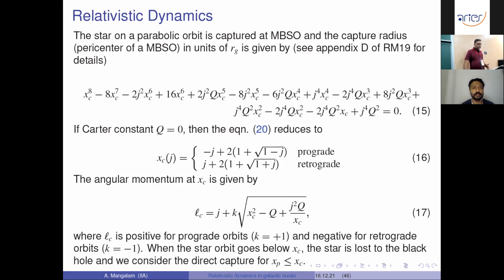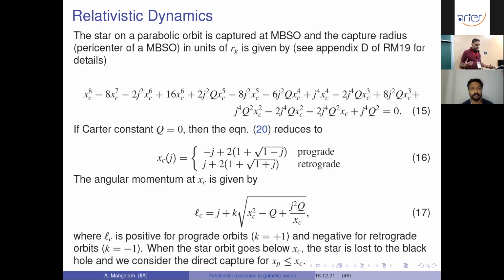Coming back to the relativistic dynamics, as I mentioned to you, the MBSO is very important, and that gives you a measure of the capture radius. So there are important radii: the capture radius, then there is a pericenter, the horizon, of course, and the tidal radius.